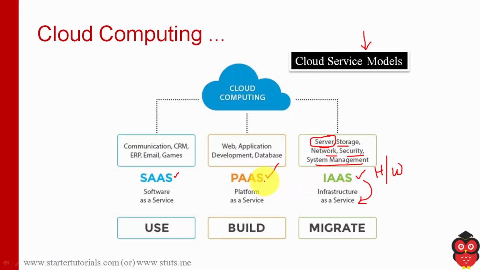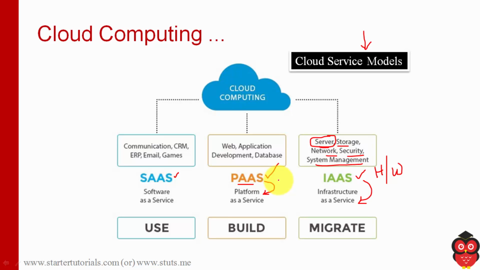And next one is PaaS, platform as a service. PaaS provides runtime environments. This is typically used by developers. What the cloud providers will do is, after virtualization, they will install the operating system and whatever programming environment is needed.